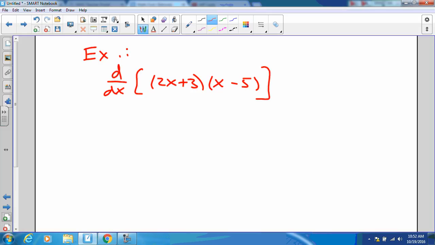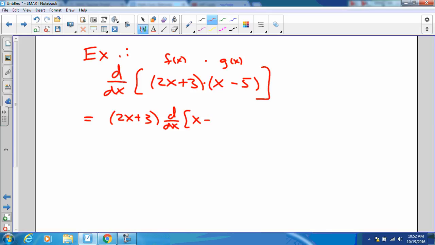Take a look at the derivative of 2x plus 3 times x minus 5. What I observe here is that I have two different functions multiplied by each other. And so I can now appeal to the product rule by identifying the first function as f and the second function as g.